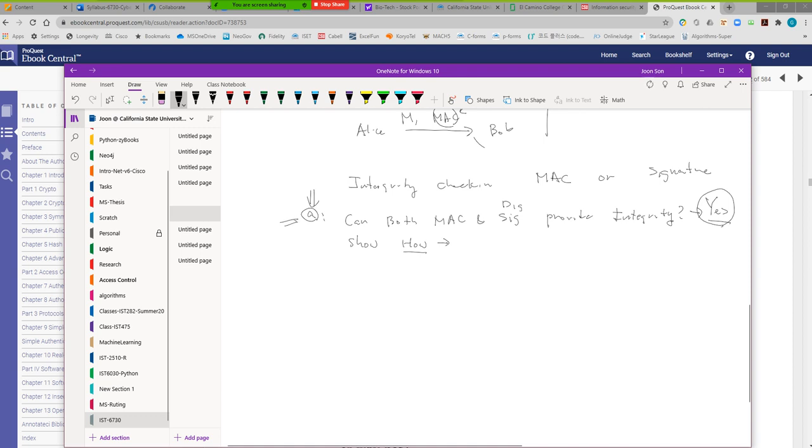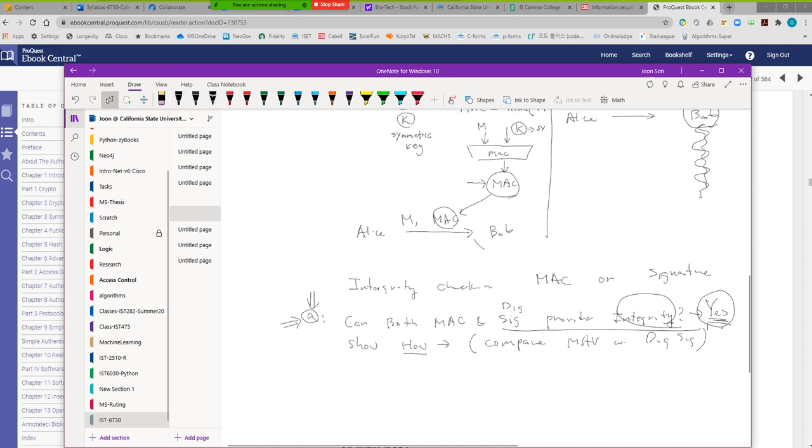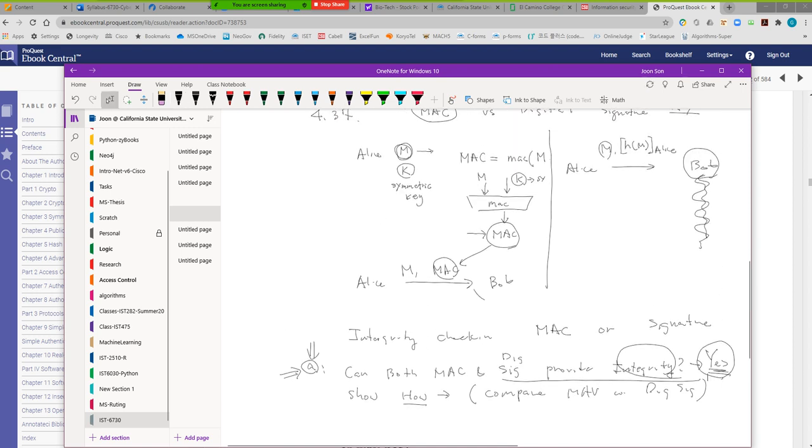Please just do this: I want you to compare a MAC with a digital signature. In the comparison, the goal is integrity. Yes, both can achieve integrity, but the way they do the verification process is different.